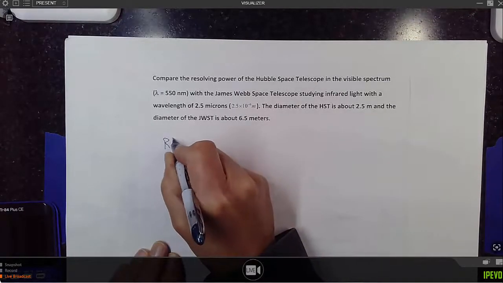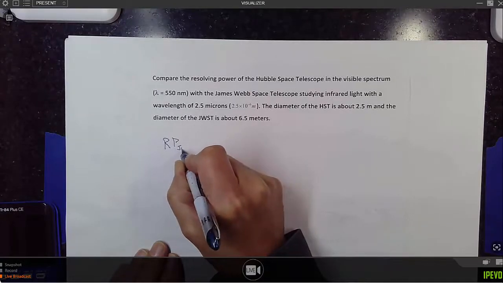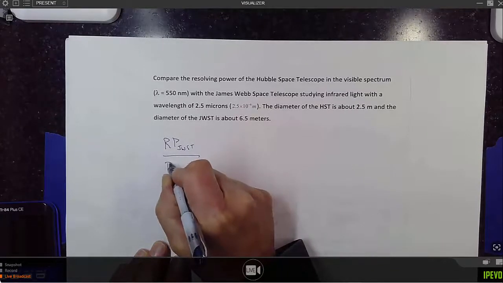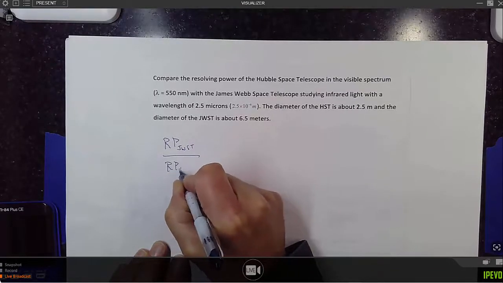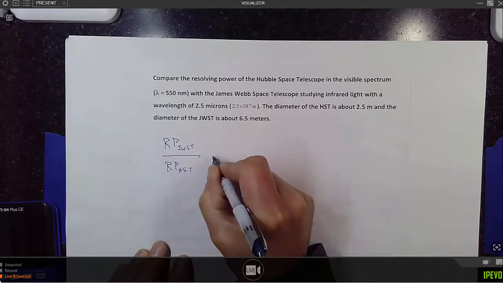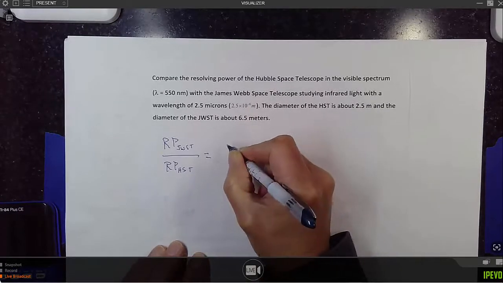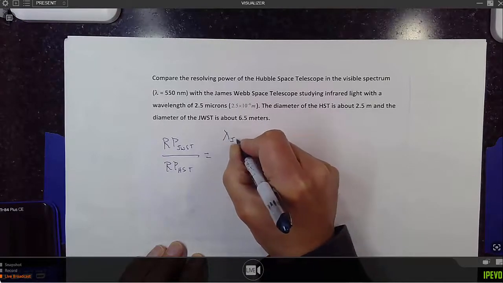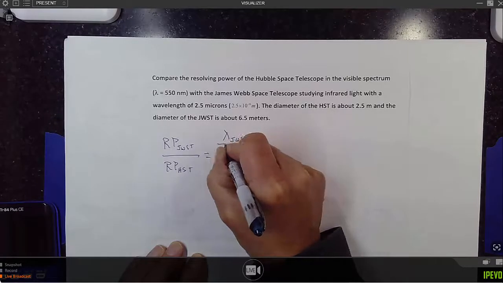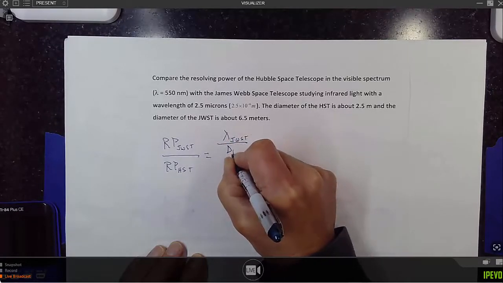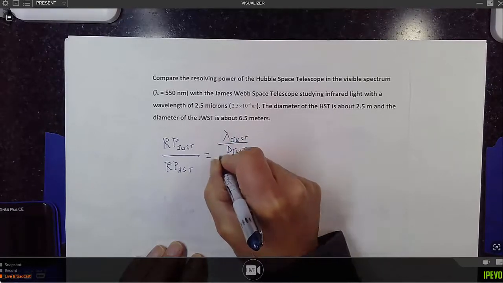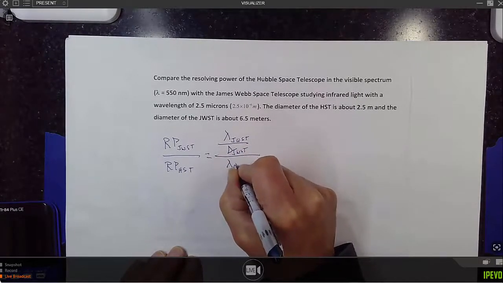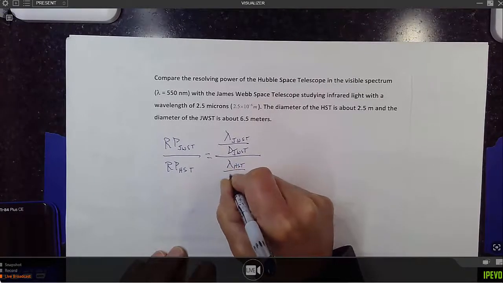We'll have the resolving power of the JWST divided by the resolving power of the Hubble Space Telescope, and that will equal the wavelength that the James Webb Space Telescope is using divided by the diameter of it, and then the wavelength of the Hubble Space Telescope divided by its diameter.